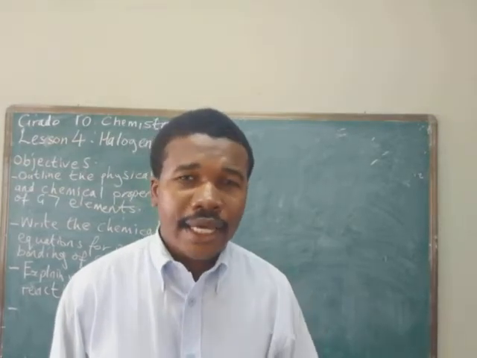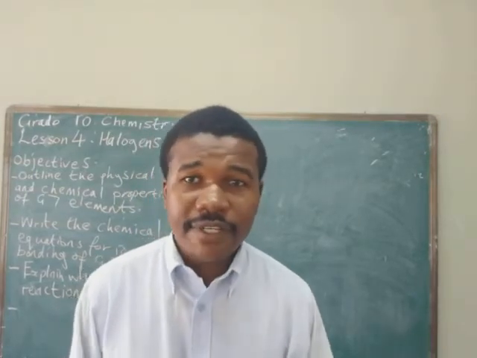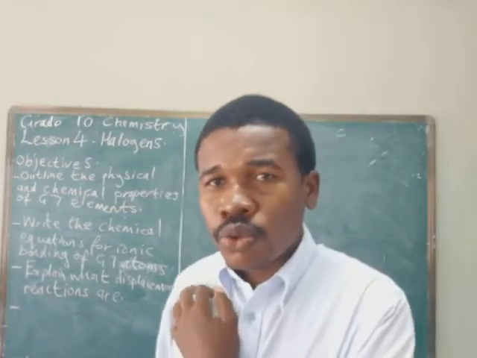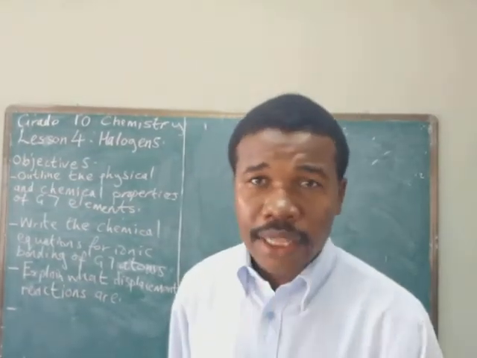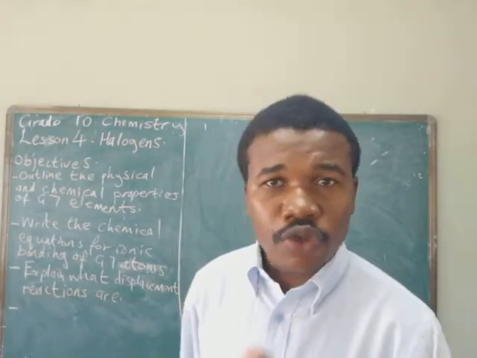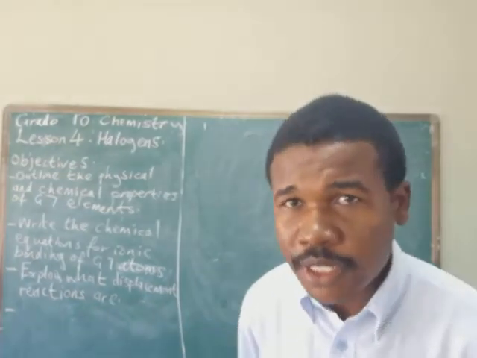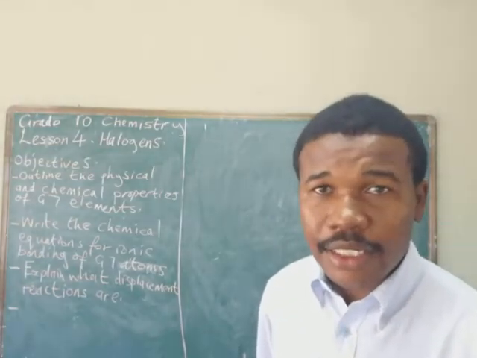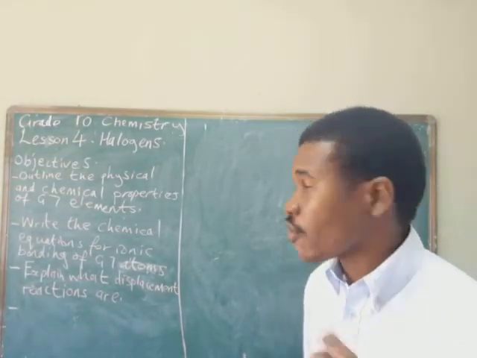We looked at the concept of electronegativity, and then today we want to just finish up on that same group. Didn't want us to rush through this concept, because what is important is us grasping the concept and understanding what we are trying to do.